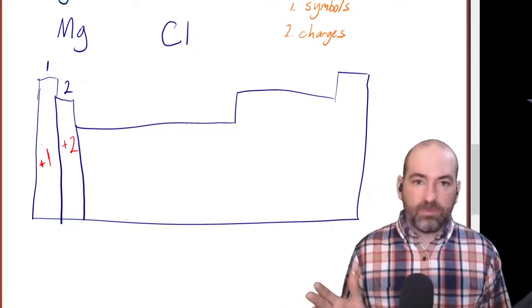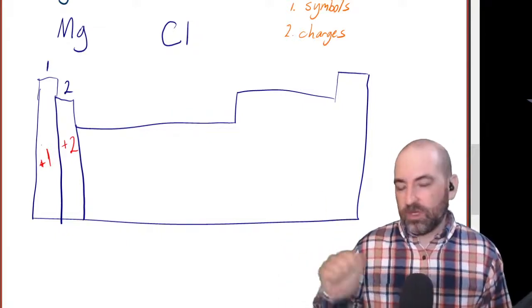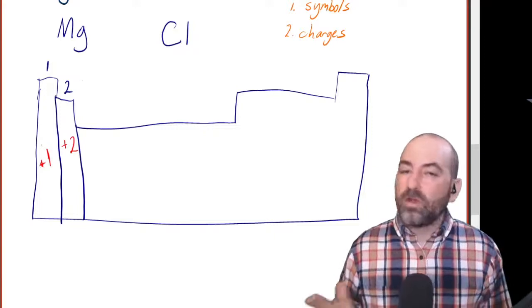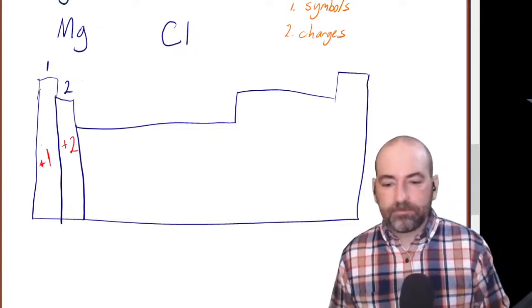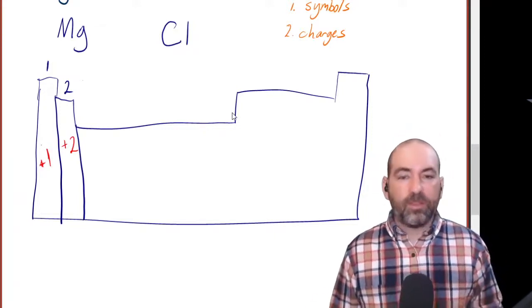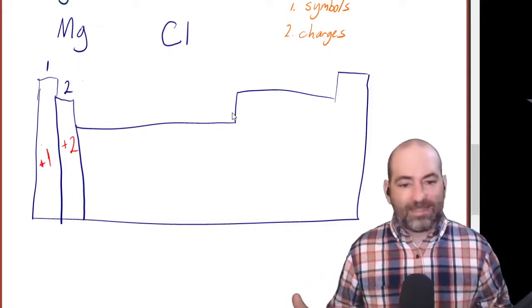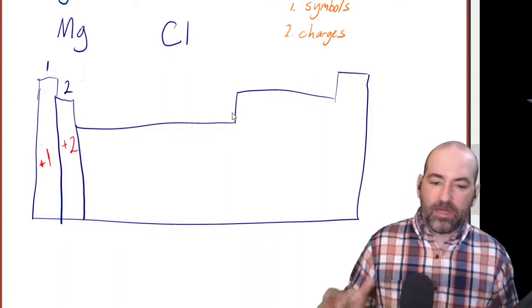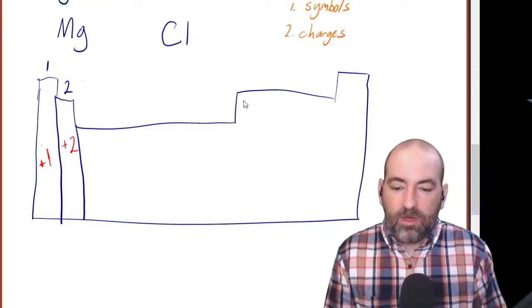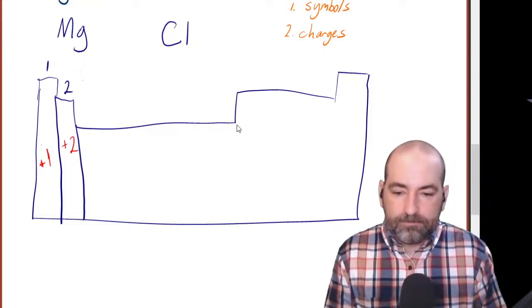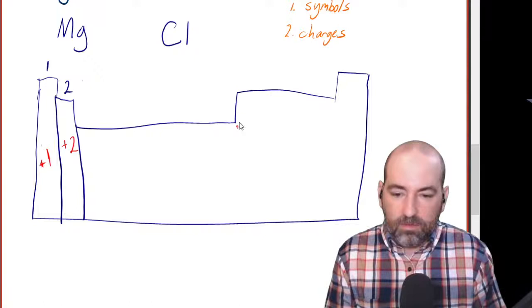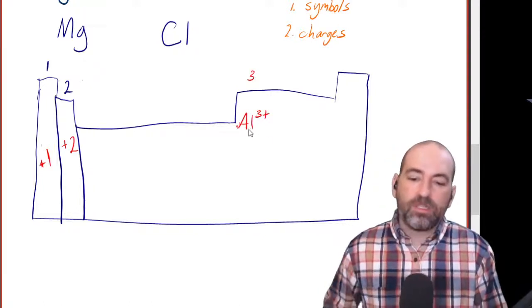That's really nice because anytime we see one of those, we can automatically know what type of ion we're looking at. There's a couple other spots in the periodic table that make these predictable ions, and then there's a whole bunch in the middle where we can't figure it out that way, and we'll get into that later. Over here, we've got aluminum in row 3, which is +3.